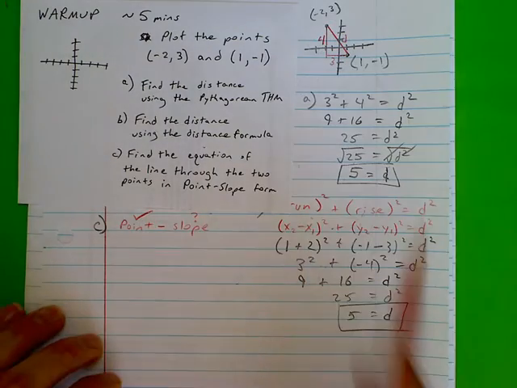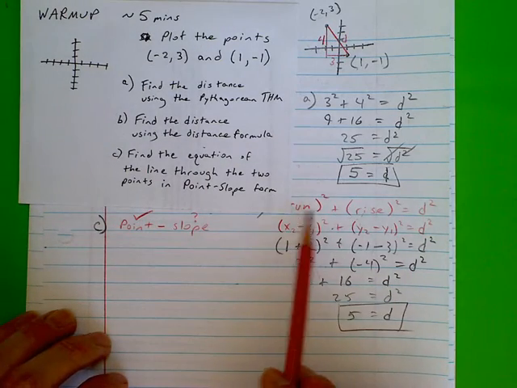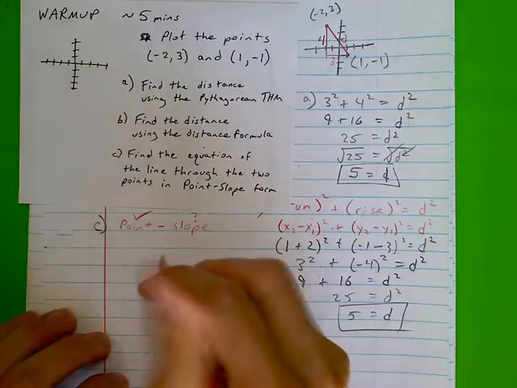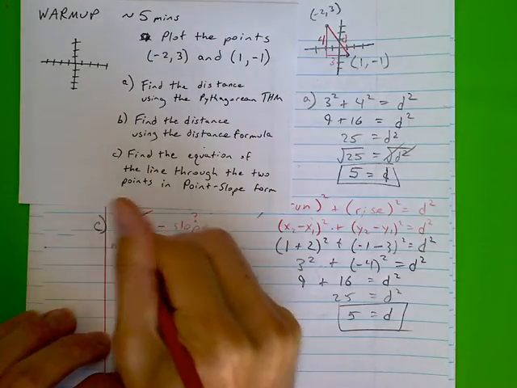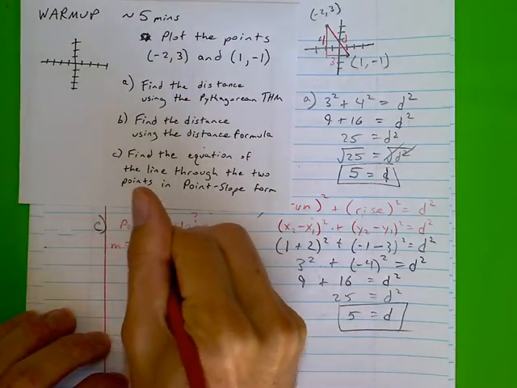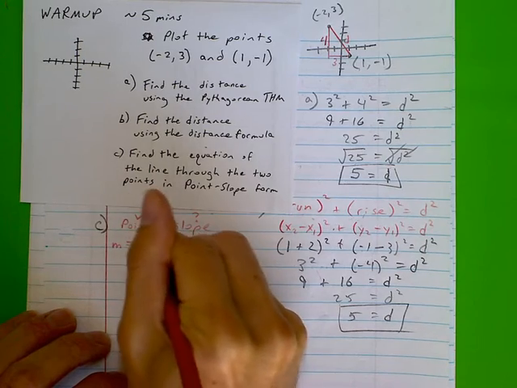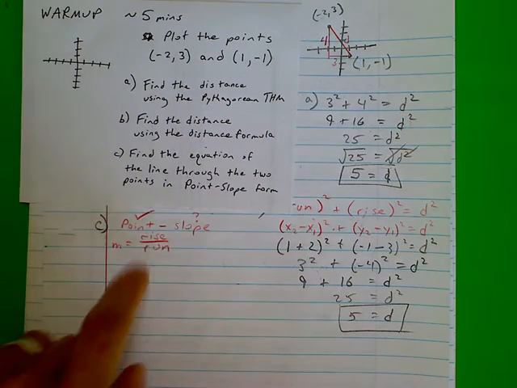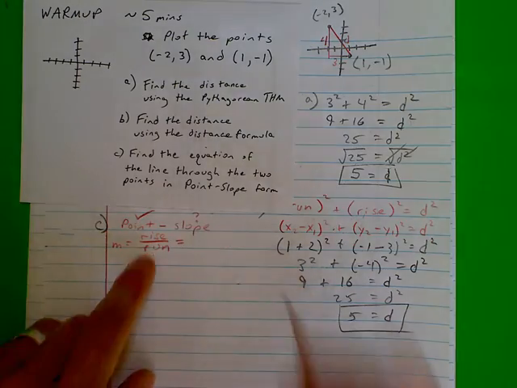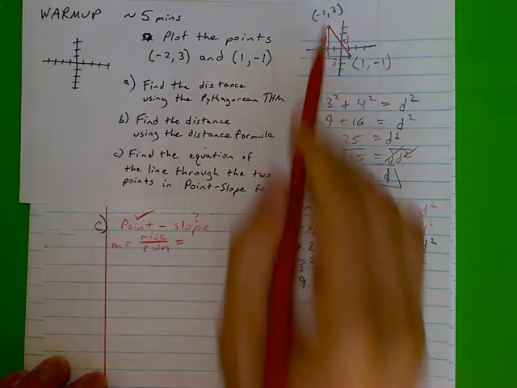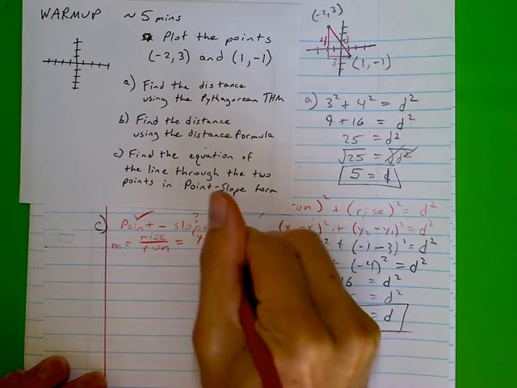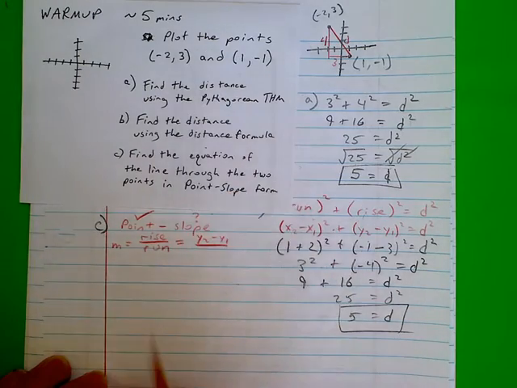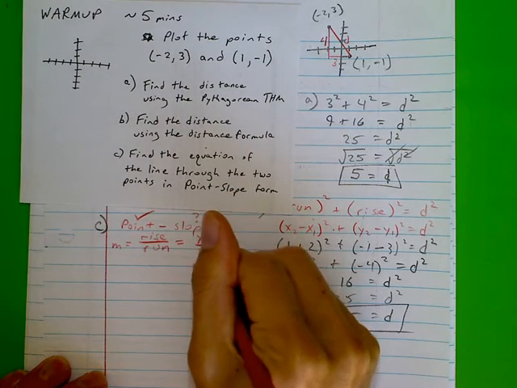So remember, the slope, just like the distance formula, also involves the rise and the run. So the slope is the rise over the run. Some of us tried to find the distance using this formula on the first day. So the rise, again, is the difference in the y values, and the run is the difference in the x values.